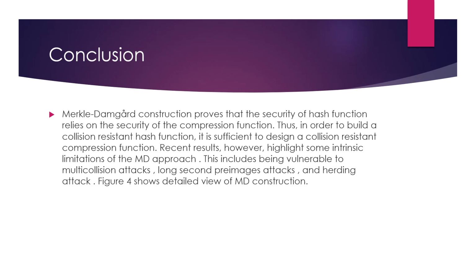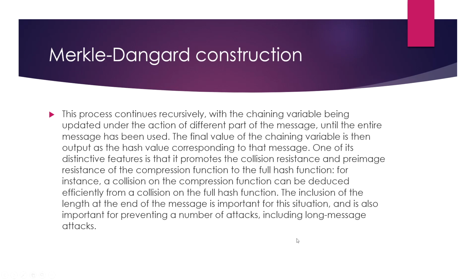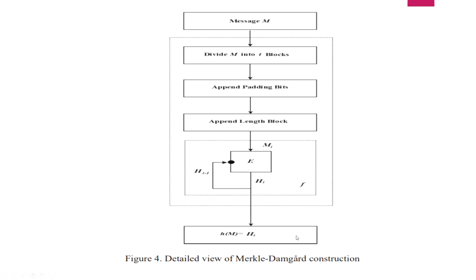This includes being vulnerable to multi-collision attacks, long second pre-image attacks, and herding attacks. Figure 4 shows the detail of this MD compression. Here we have already seen the detailed figure 4.